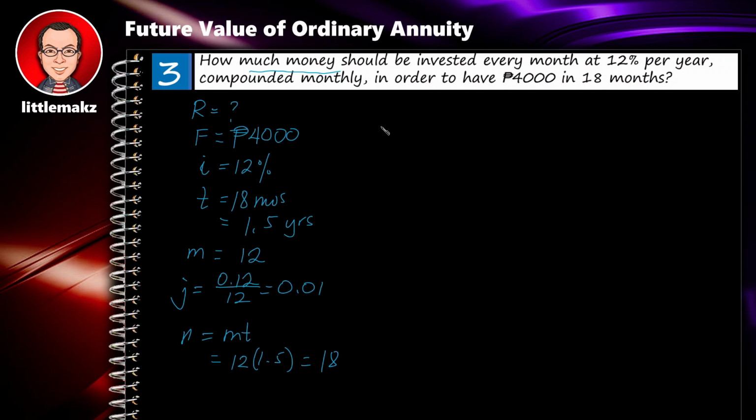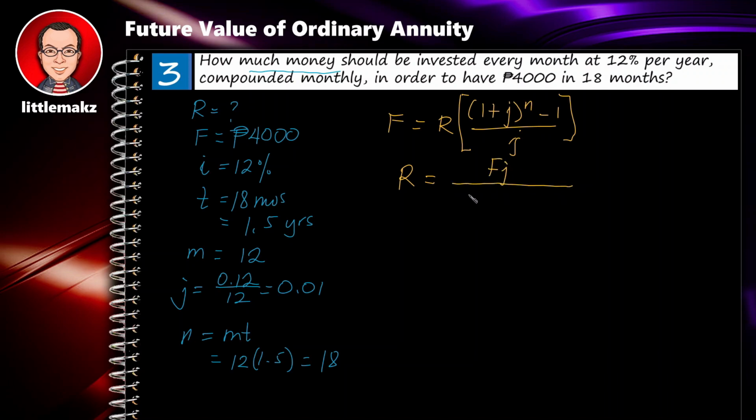Going over our formula, we have F is equal to R times the quantity 1 plus J raised to the n minus 1, divided by J. But since we are going to look for R here, we make use of the formula R is equal to Fj divided by 1 plus J raised to the n minus 1.